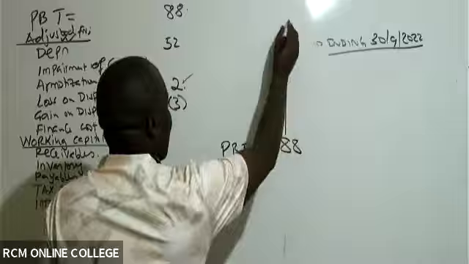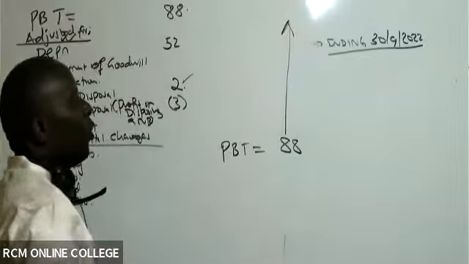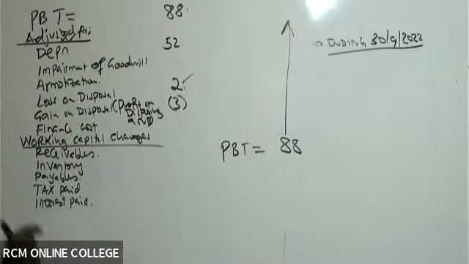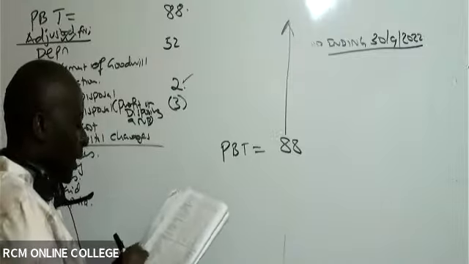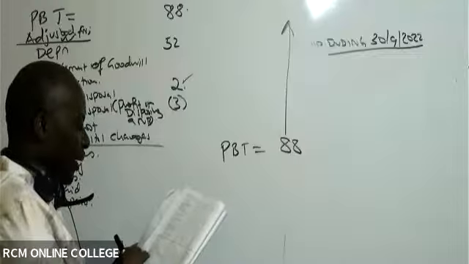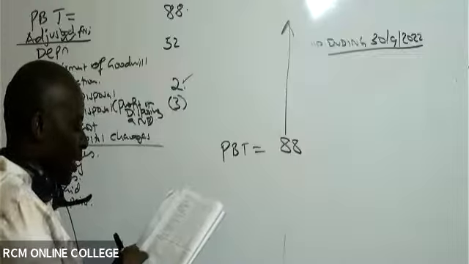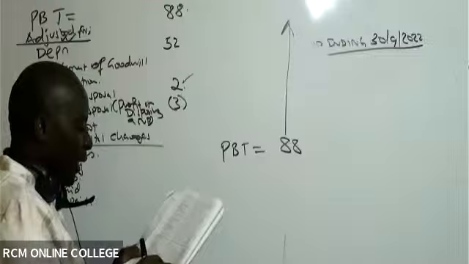Now you look up for any non-operational item. So I'm looking up, and I can see profit before tax, we have 88 there, right?